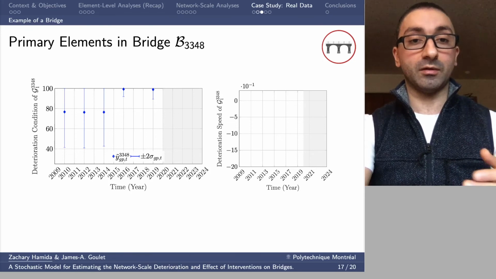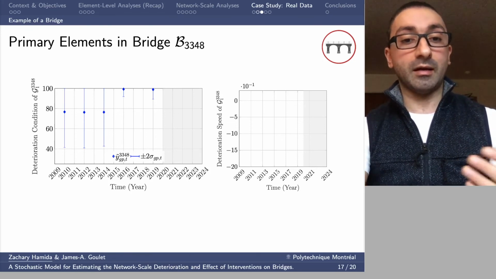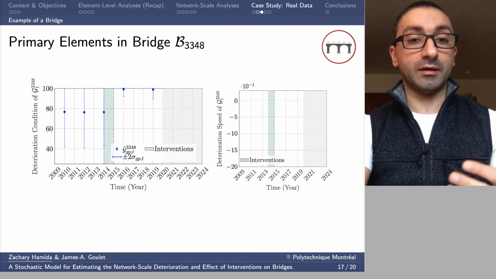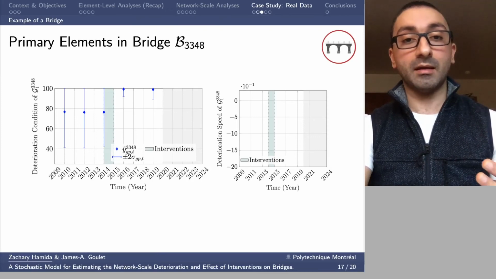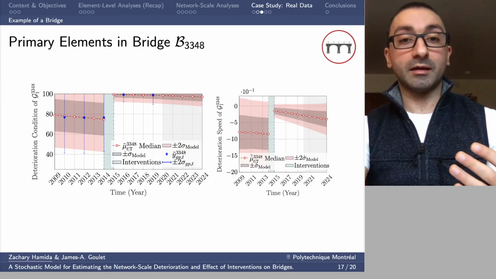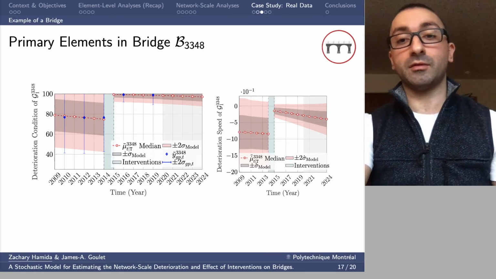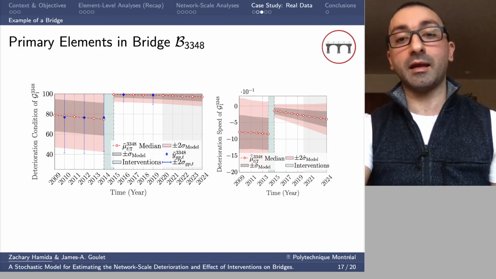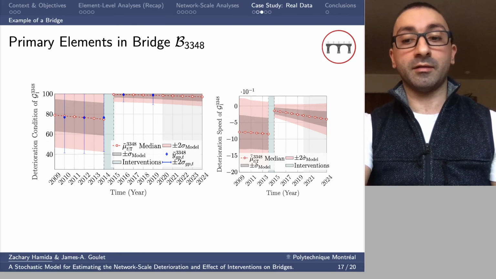The intervention happened in the year 2015. And again, the deterioration model estimate is represented by the red dashed line and the confidence interval, for each of the condition and the speed in this case.